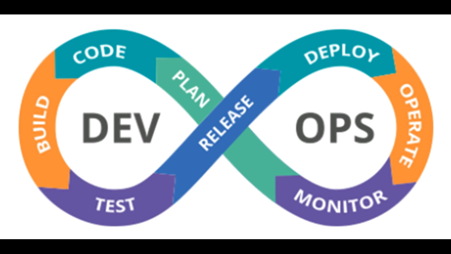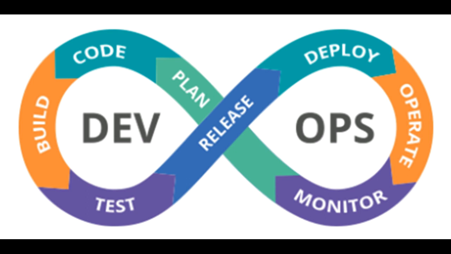So we are continuously moving the code into production. We are continuously testing the code, and we are continuously deploying and delivering the code into production in a working state.